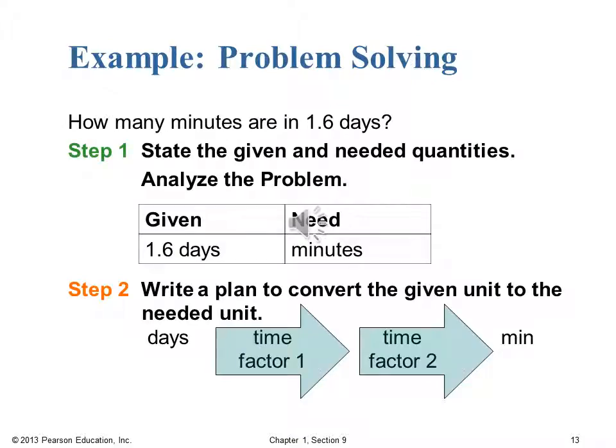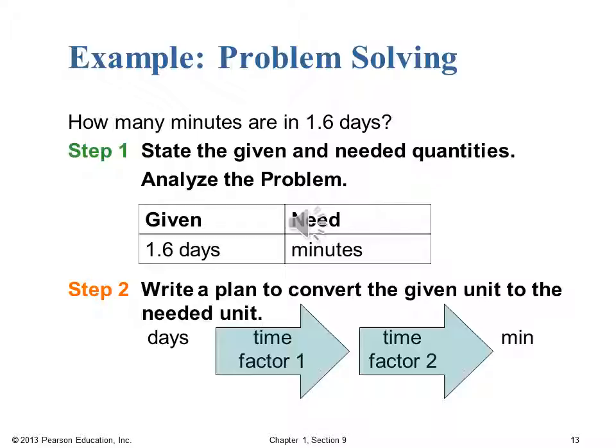So let's look at an example problem that could be solved with 2 conversion factors. How many minutes are in 1.6 days? So if we attack this as usual, we look at the first step stating what we're given and what we need. We're given 1.6 days. We need an answer in minutes.